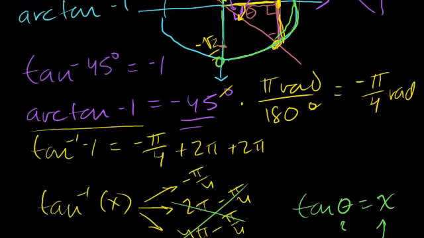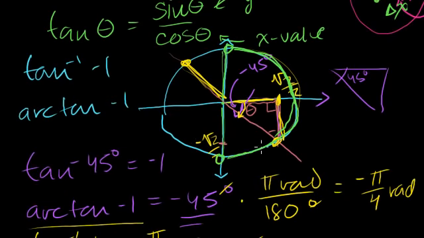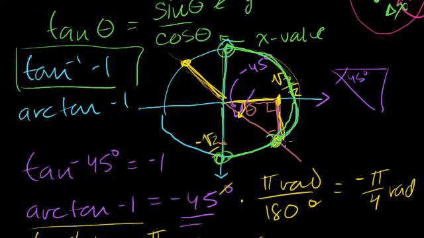And if I restrict my range to this right here, and I exclude that point and that point, then I can only get one answer. When I ask what tangent of what gives me a slope of minus 1, there's only one answer. Because as I go around and around, those fall out of that valid range for theta.